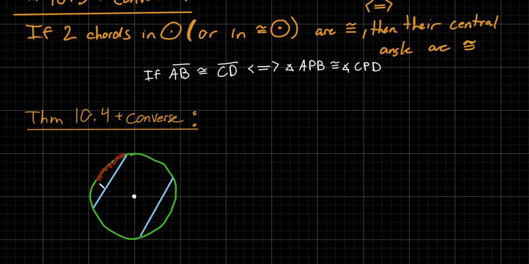So the arc is right here. So if this arc and this arc are congruent, guess what's also congruent? Chords. Yep. Chords are also congruent themselves. And it's a converse, so it goes both ways. Ashley, how would you state the converse of this?